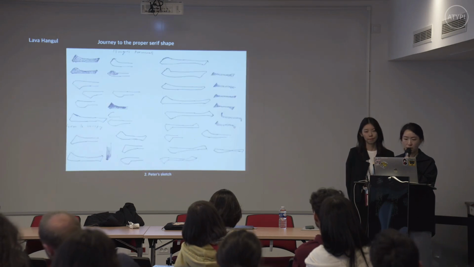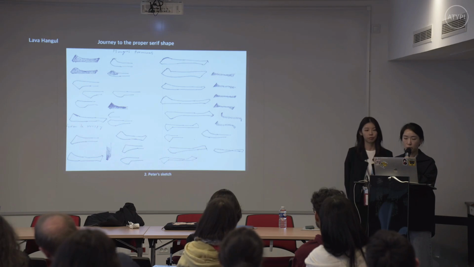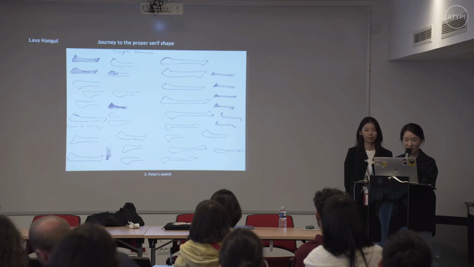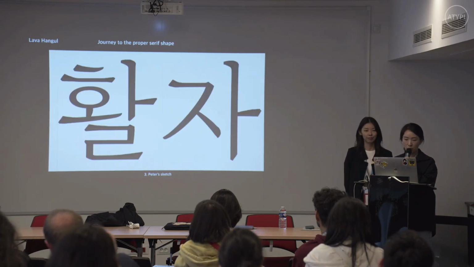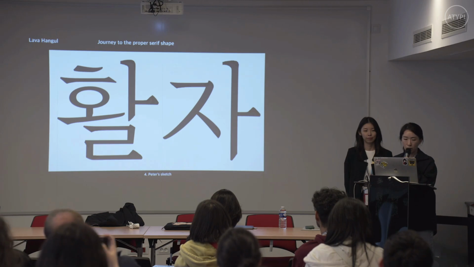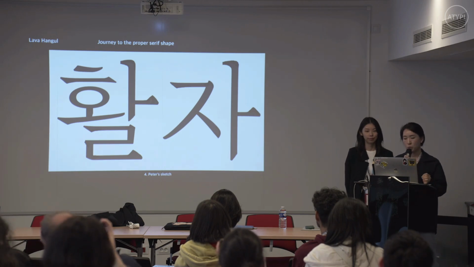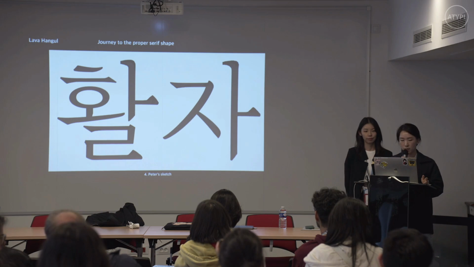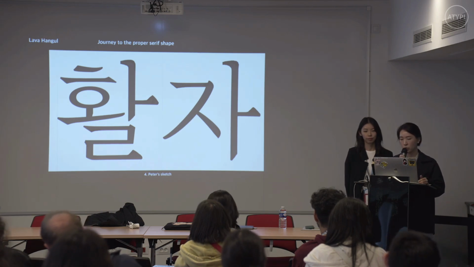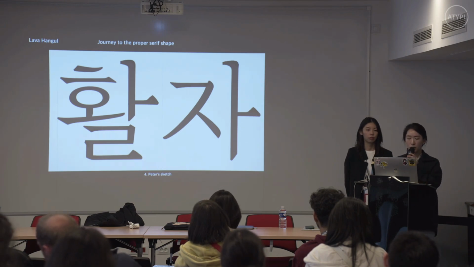And this is the sketch of a Hangul terminal drawn by Peter, and also his suggestion based on Suyeon's design sample. He wanted a sleeker look to respond more to Lava Latin. Some shapes look logical considering the Lava Latin stroke shape, but give a bit of a radical and unnatural feeling to native users.